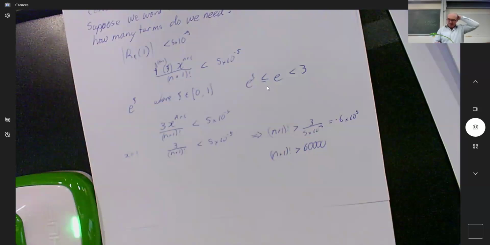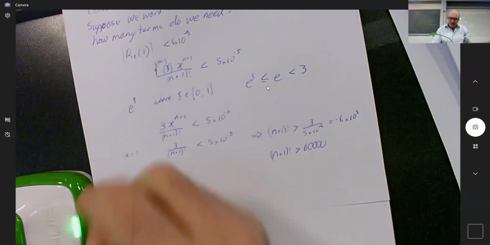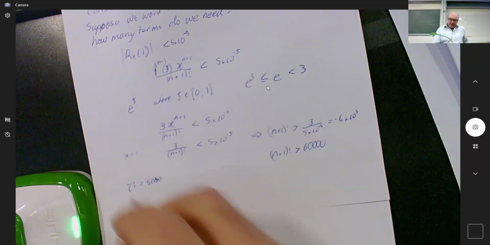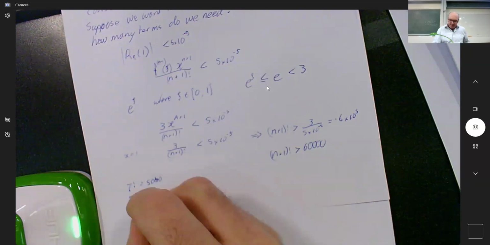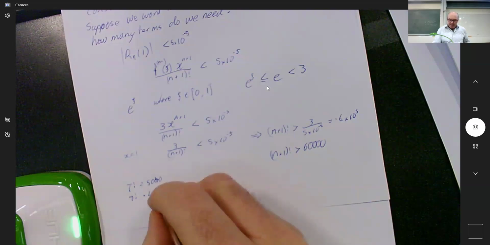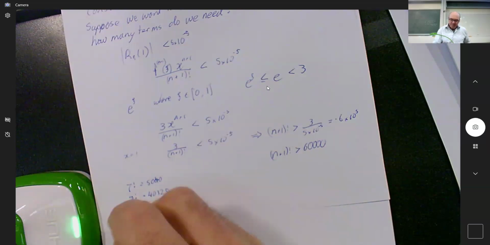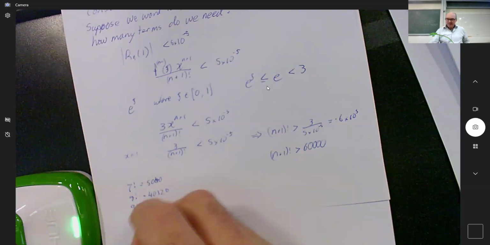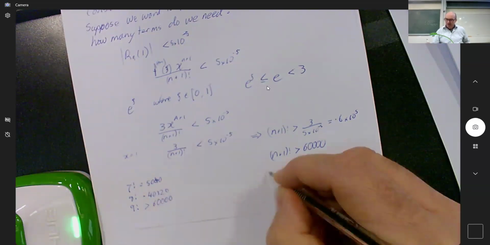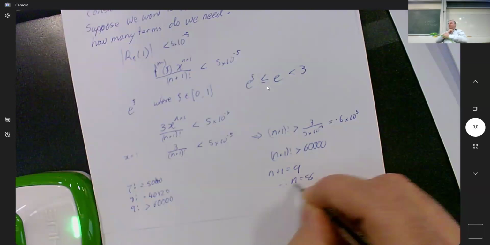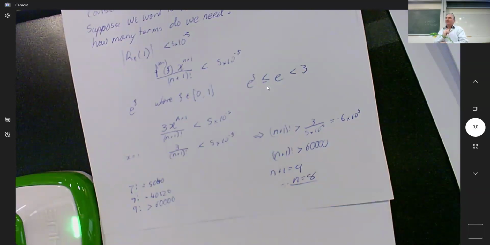Off the top of my head, I don't know, 7 factorial is 5,000. It's actually 5,040. So 8 factorial is 40,320. All right, so 9 factorial is greater than 60,000. So n plus 1 is equal to 9, n is equal to 8. So I've got to have a degree 8 Taylor polynomial to get the accuracy of my estimate down to 4 decimal places. All right, sweet.